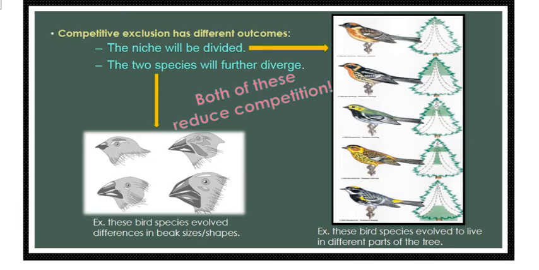Now, there are a couple outcomes other than extinction. One thing is we could have the niche completely divided. So in this case, instead of kind of competing for the same things, these birds live on different parts of the tree. So their niches no longer overlap.